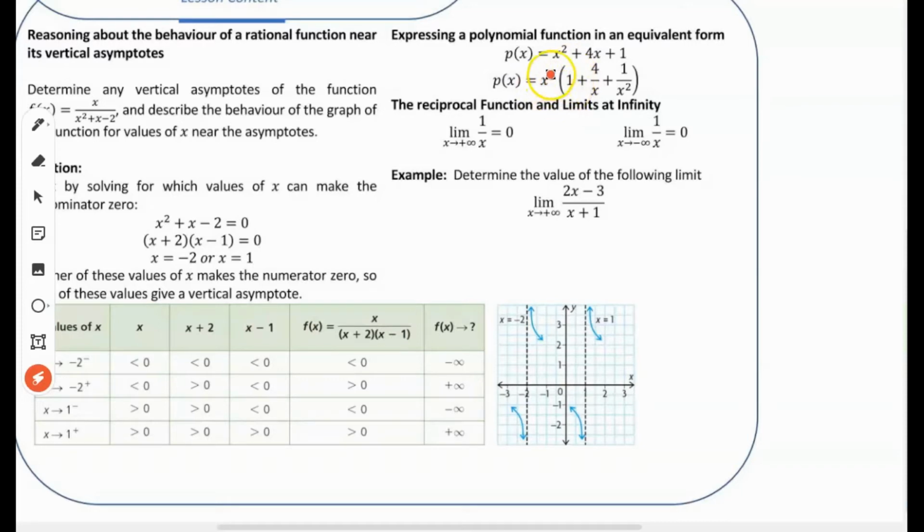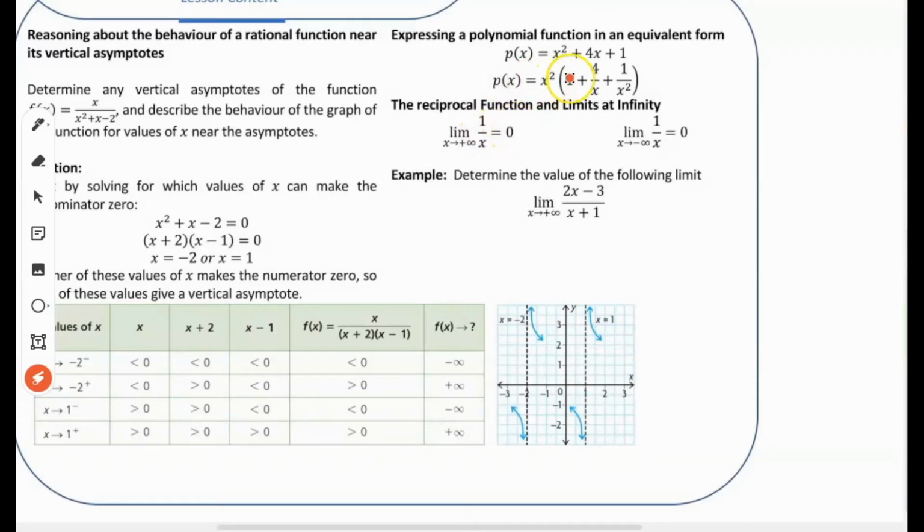In this case, we want this first term to be 1, so I'm going to pull out an x squared. If I pull out an x squared, I'm going to get 1 plus 4 over x, because if you multiplied 4 over x times x squared, you just get 4x, plus 1 over x squared. The reason why this is going to be useful is because the limit as x approaches either positive or negative infinity of 1 over x is 0.